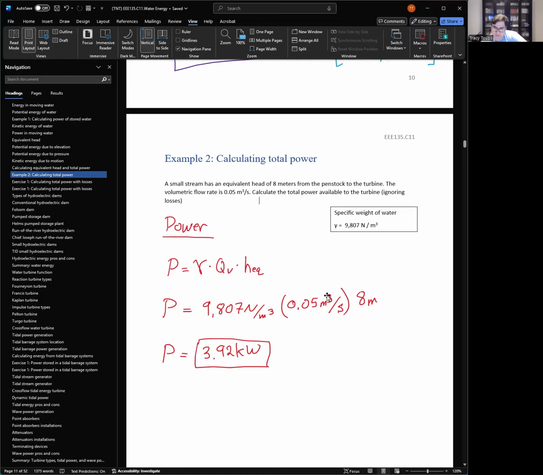So you can see the meters cubed cancel. And then you multiply by 8 meters. So power would then be Newton times meters over seconds, which SI units check out. So we have 3.92 kilowatts of power. Okay. So as long as you understand what each of these variables mean, and you could get those numbers out, I mean, at the end of the day, this is just number crunching. Okay.